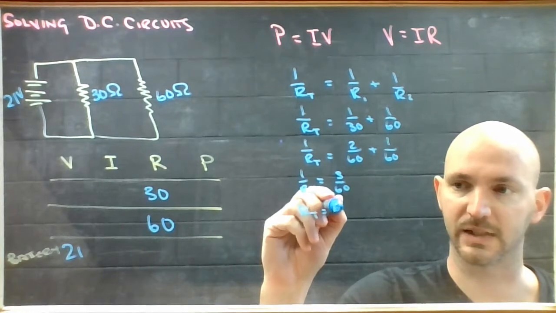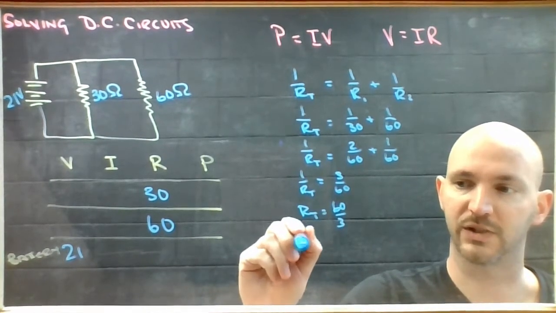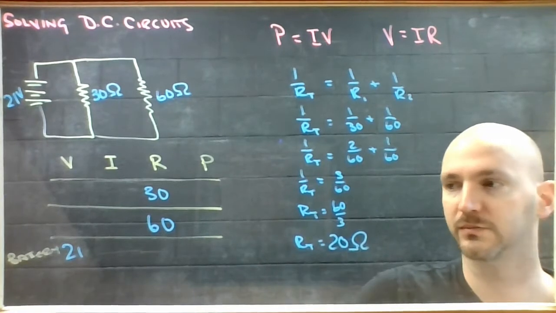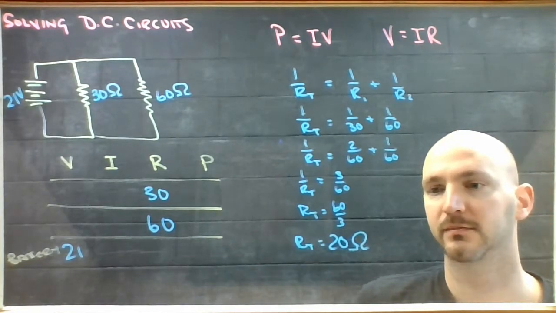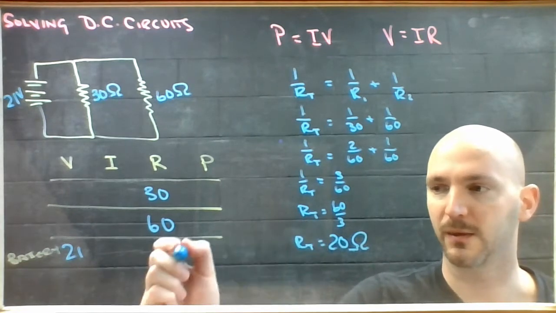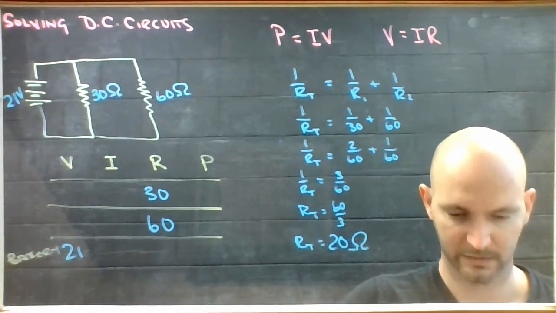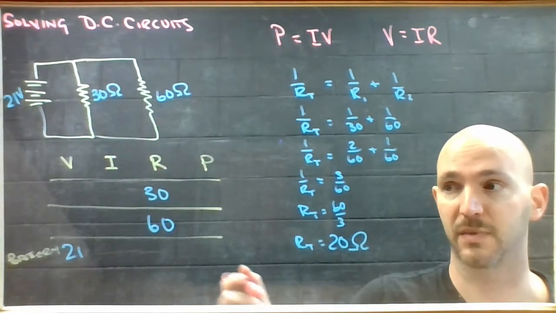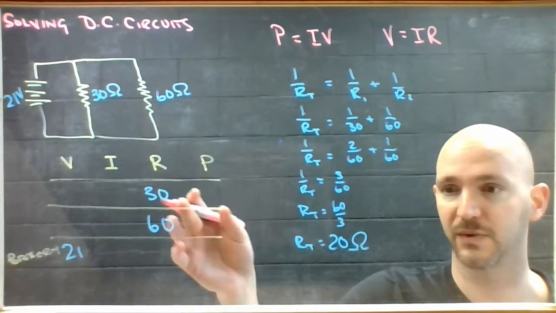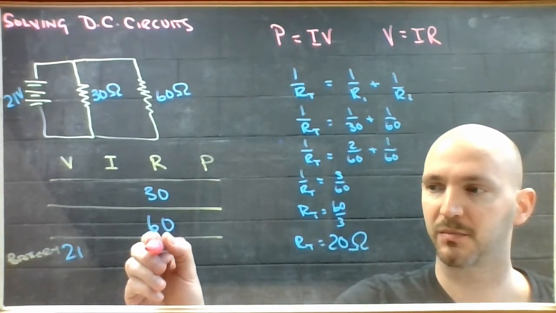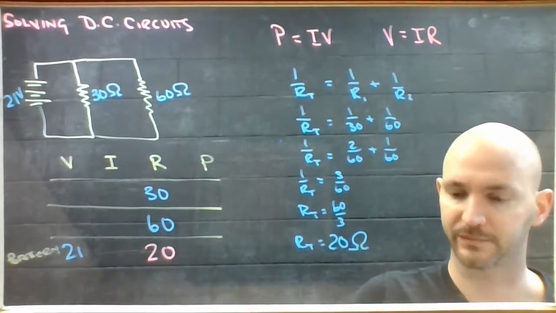I get 60 over 3, which is 20 ohms. All right, lovely. So the number that goes here then is the total resistance experienced by the circuit. It's not just the sum of the resistors, it's how they behave. I'm going to park my 20 in here.